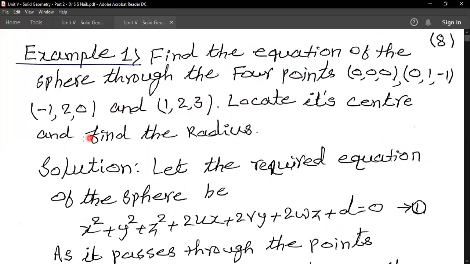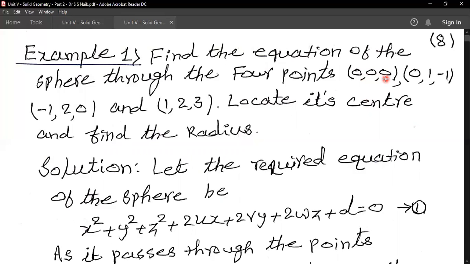Locate its center and find the radius of this. Now we have to find the equation of a sphere which passes through these 4 points, in which (0, 0, 0) is one of the points.